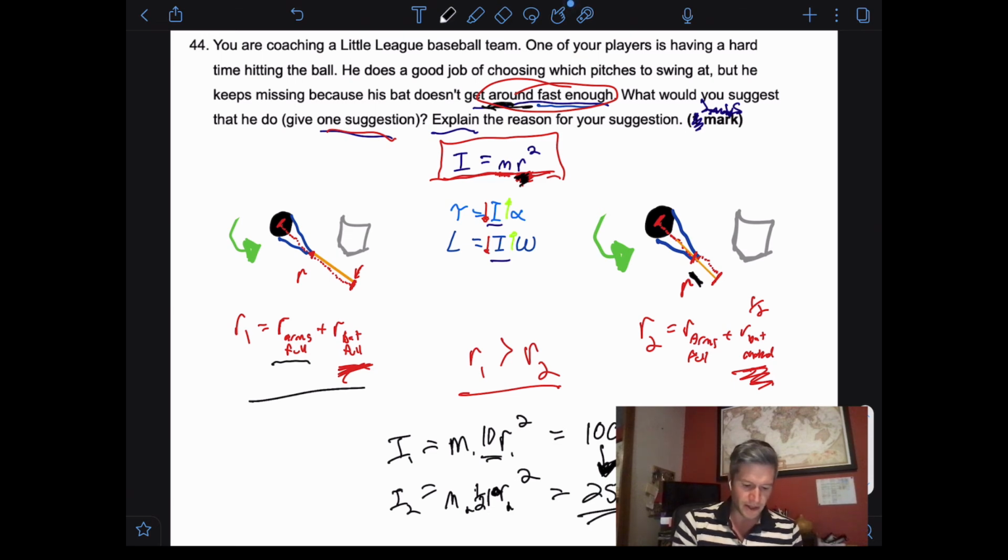If we go back up and look at our equations with our variables, if we have a fixed torque or angular momentum that the body can produce, then by decreasing the moment of inertia by shortening the bat, we increase angular acceleration, and most importantly for this particular question, we increase angular velocity. And that's the goal, trying to get the bat to come around quick enough.